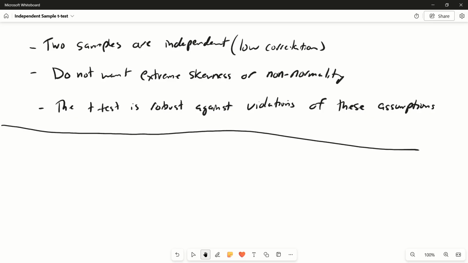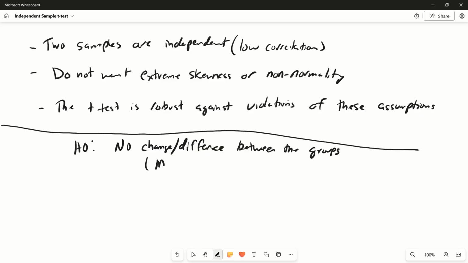So independent groups t-test: two samples that are independent of each other, and we're going to compare those samples. So the null is always going to be no change or difference between the groups, right? So in other words, the mean of the first group is going to be relatively equal to the mean of the second group.